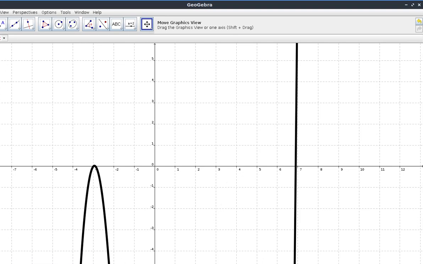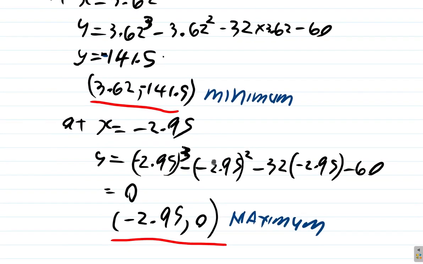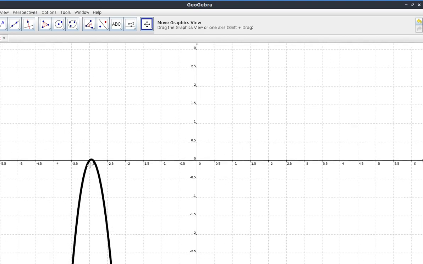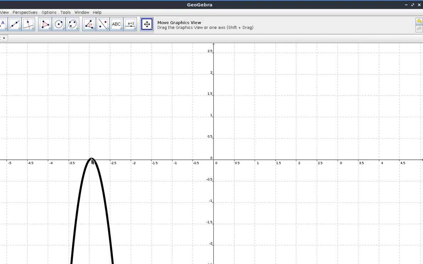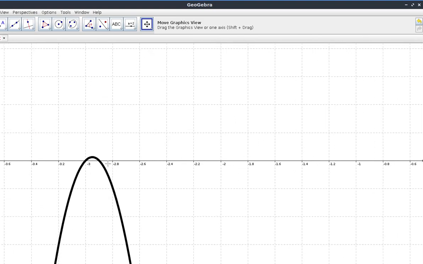The next one is a maximum point at negative 2.95, 0. So we see negative 2.95, 0 and it's a maximum point, you can see that. I had said 0 because it was close to 0.